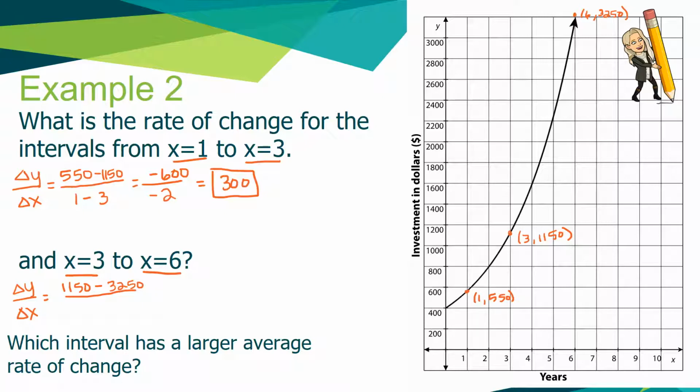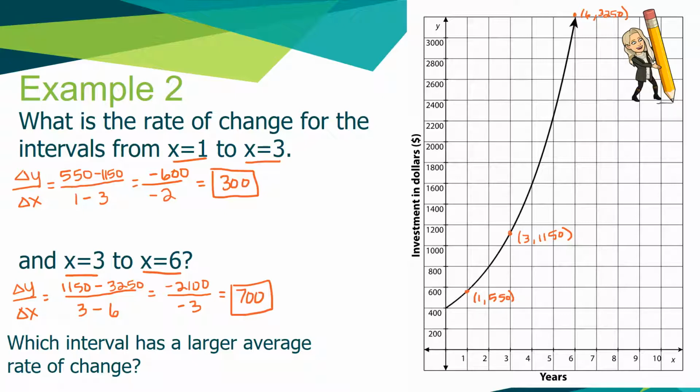This is all over the change in x. So from 3 to 6, I'm using that subtraction again. Remember, because it's the change, it's the difference. Difference means subtraction. So 1,150 minus 3,250 is a negative 2,100, and 3 minus 6 is a negative 3. That will simplify to a positive 700. So again, this means every year from the interval 3 to 6, this investment in dollars is increasing by $700.